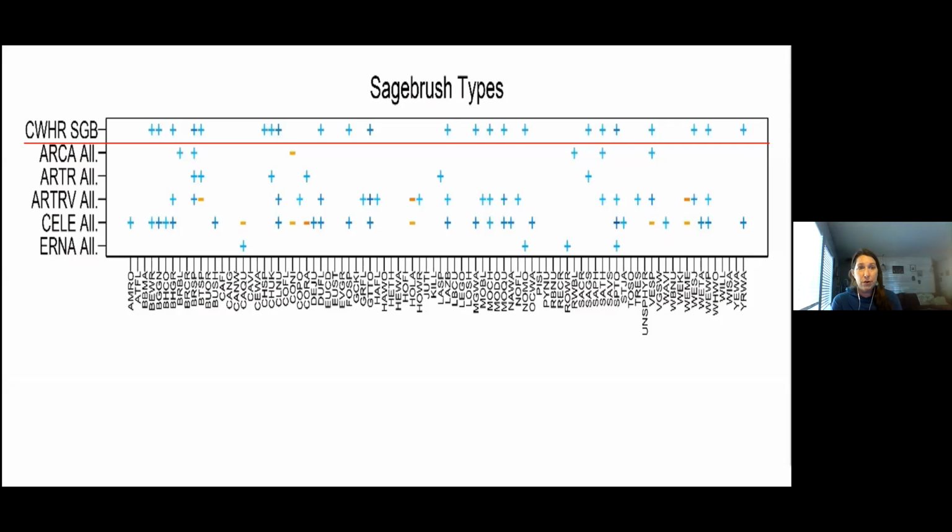And one thing to note here is that no bird species that was positively correlated with the CWHR type was positively correlated with all 5 of the state alliances. And this is true for 3 of our species of concern, the Brewer's sparrow, the green-tailed towhee, and the sagebrush sparrow.